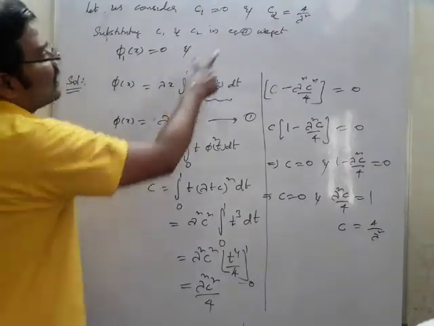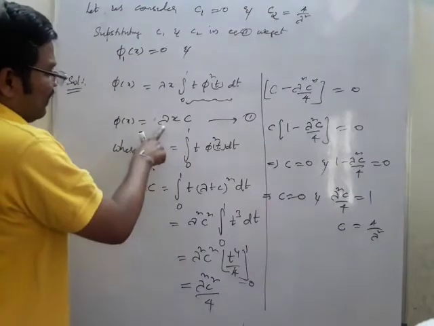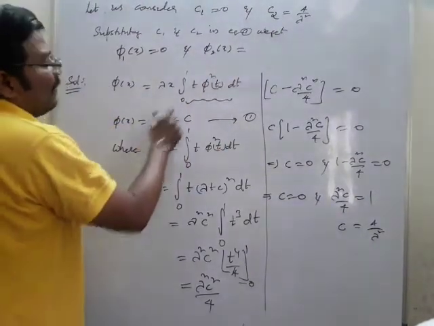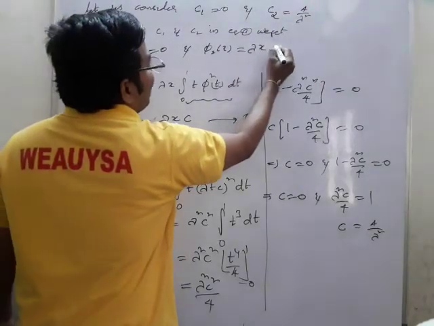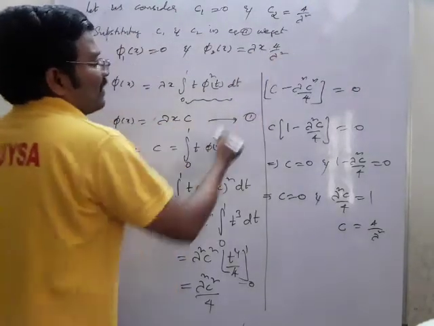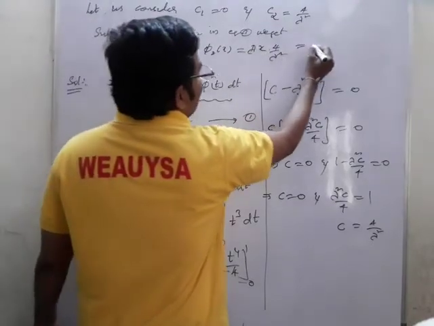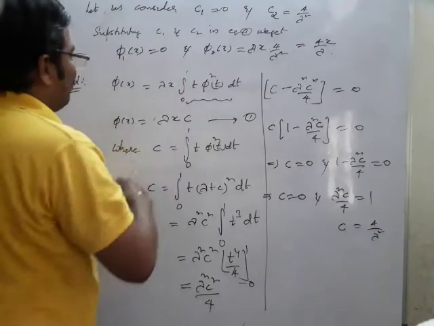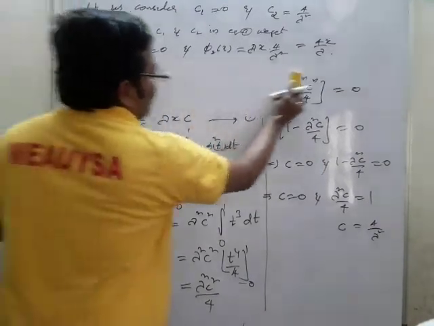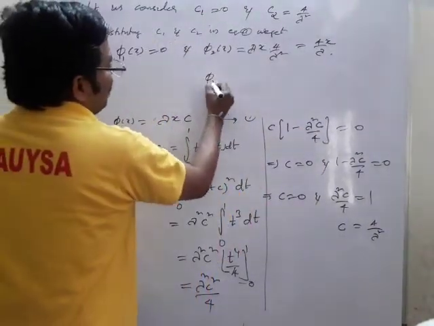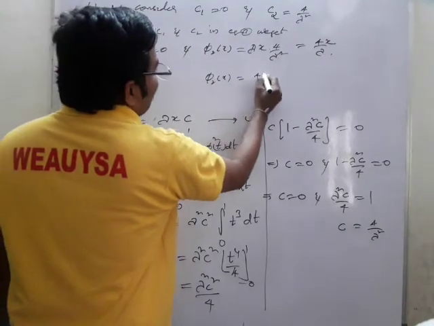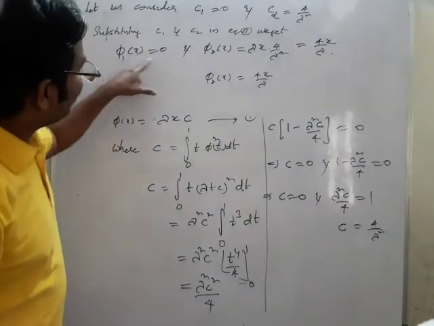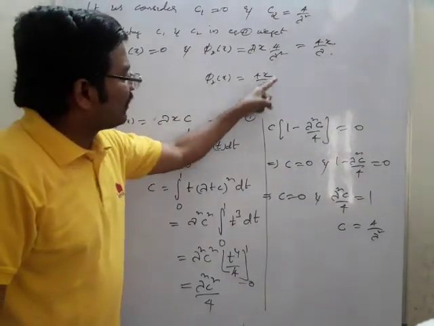And for c2 equal to 4 by lambda square, phi 2 of x is equal to lambda x into 4 by lambda square. Now one lambda will get cancelled, and we get 4x by lambda. So phi 1 of x is equal to 0, and phi 2 of x is equal to 4x by lambda.